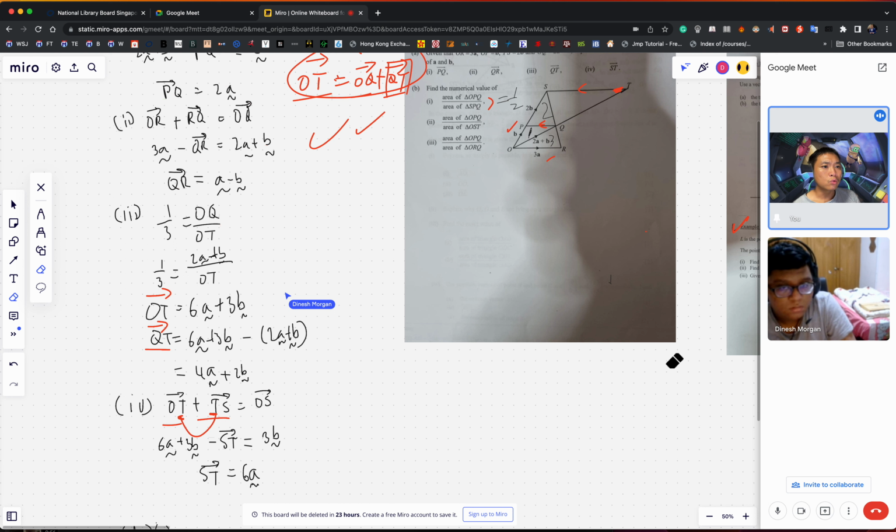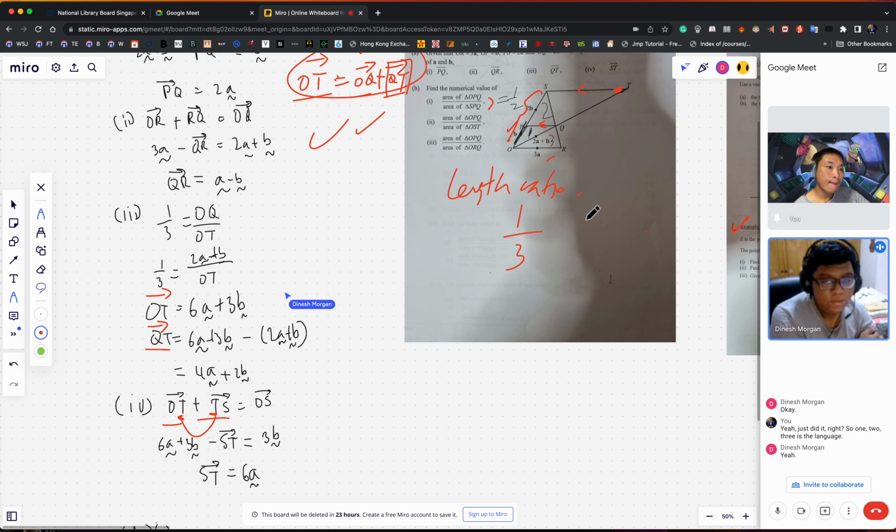OPQ to OST. We just did this, right? So the length ratio is 1 to 3, so it's 1 to 9. Yes, you just did it. So 1 to 3 is the length ratio.